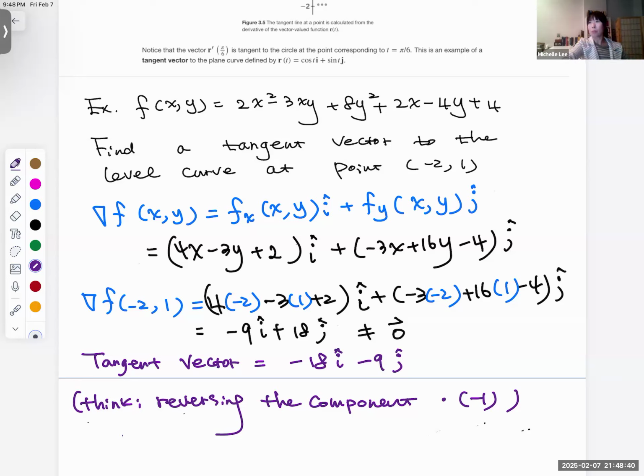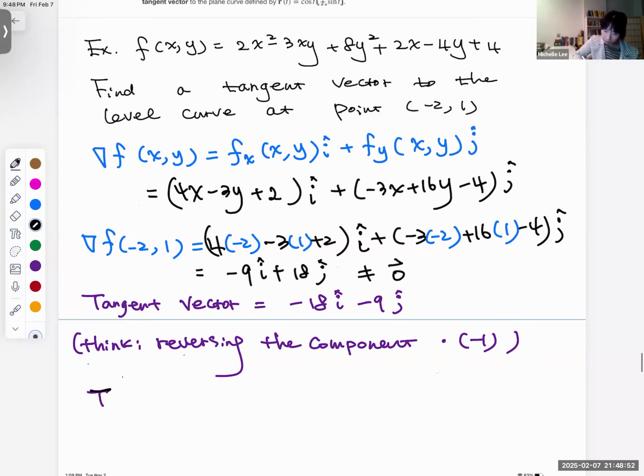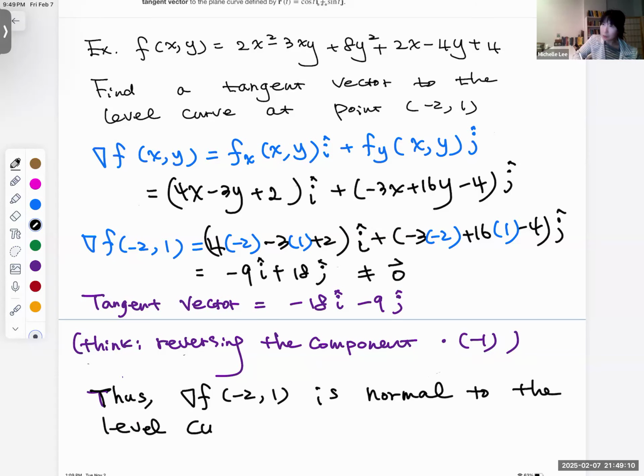Yeah. So we can conclude that the gradient at (-2, 1) is normal to the level curve. Moreover, it's a tangent vector.